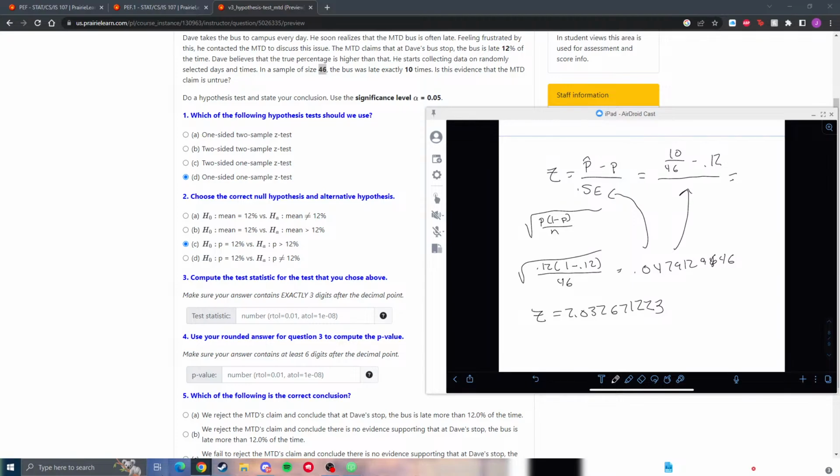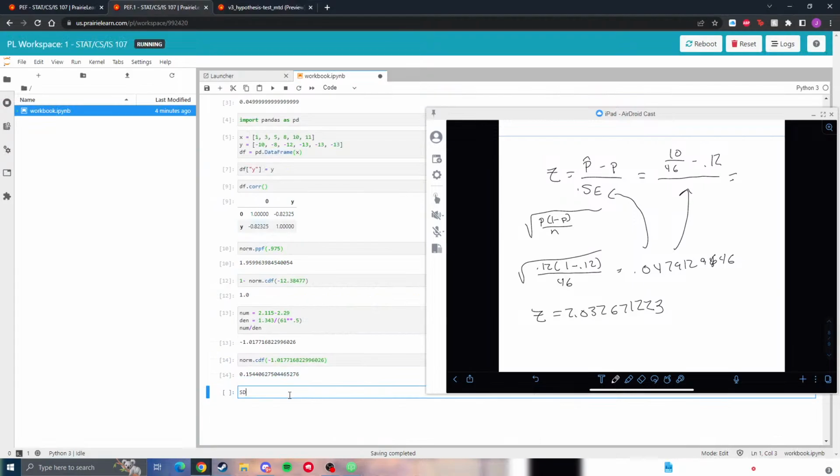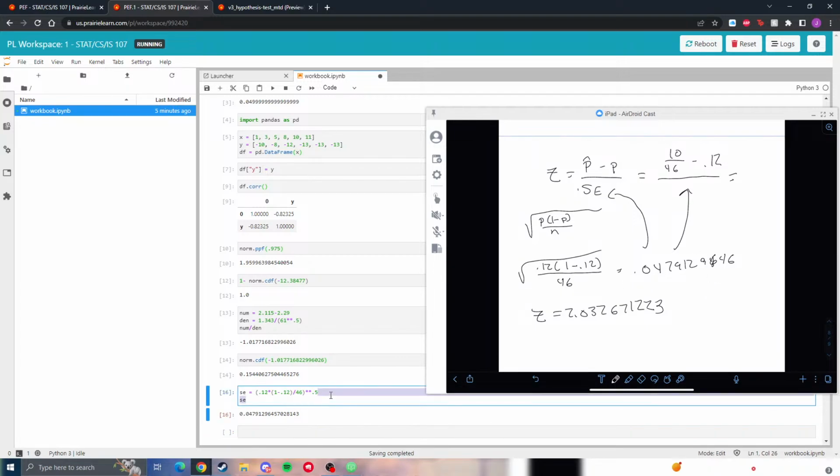Alright, so we got our Z. I'm going to redo that calculation here. First, let's calculate our standard error. It's equal to 0.12 times 1 minus 0.12, so p times 1 minus p, divided by 46, because that's our sample. Checking our work, 0.0479, that looks right.